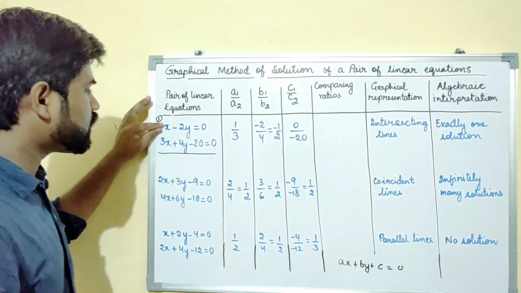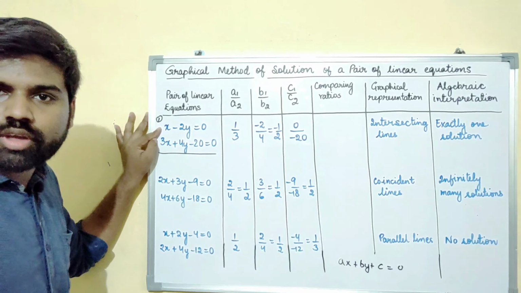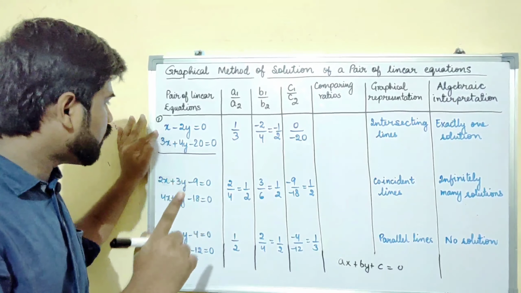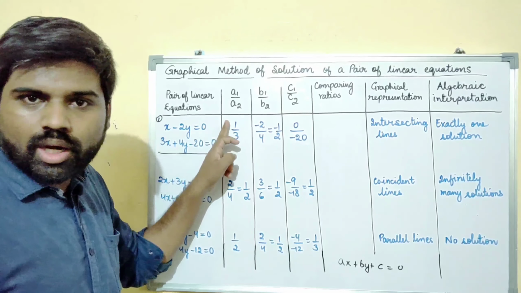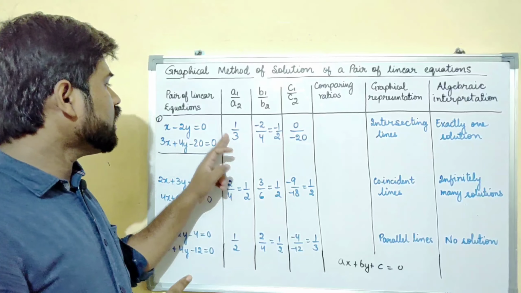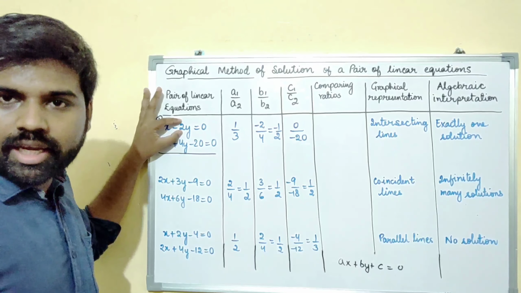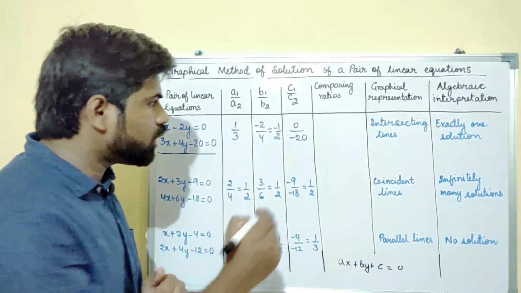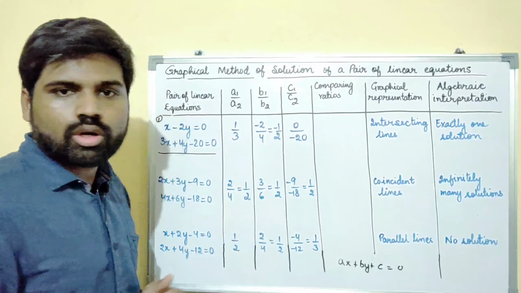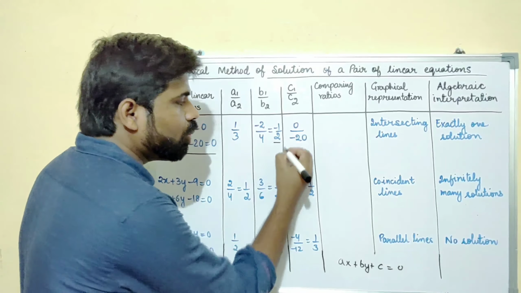Now, from these equations, you can see that the value of a1 is 1 and the value of a2 is 3. So a1 upon a2 is 1 upon 3. The value of b1 is minus 2 and the value of b2 is plus 4. So b1 upon b2 is minus 2 upon 4, which equals minus 1 upon 2, right? Now c1 upon c2: what is c1 here?